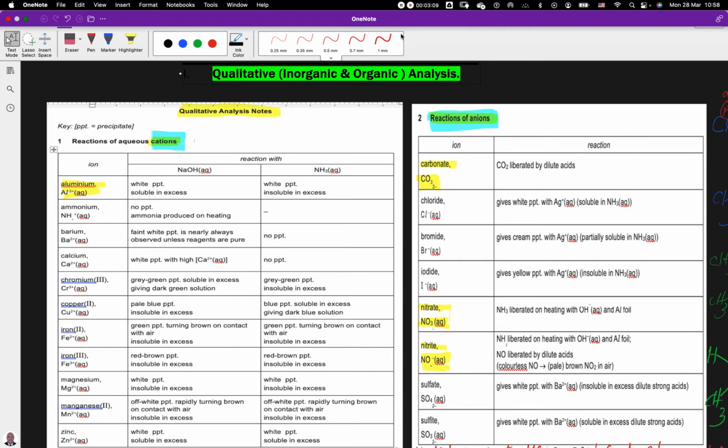You can state them like that: fizz or fizzing, bubbles, effervescence. When you observe them, make sure you put them on your answer script, in that section of the answer script under observation.